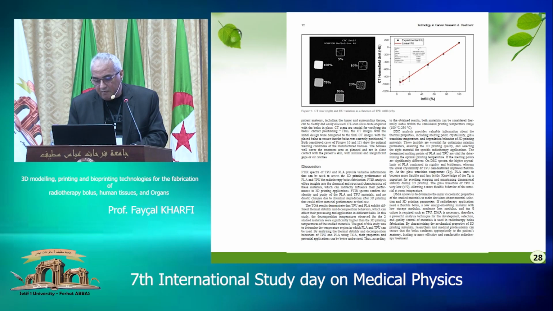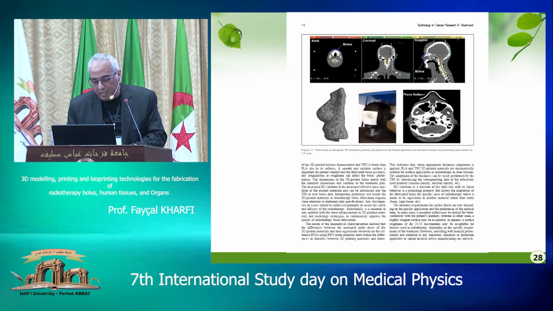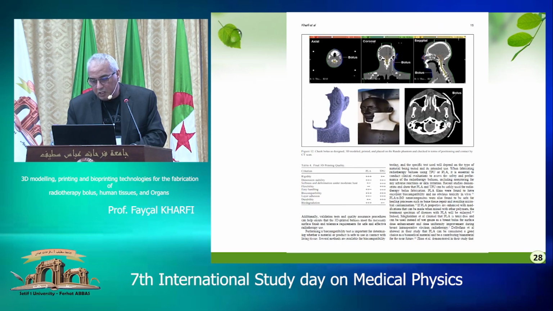We check the surface roughness of the fabricated bolus. We check also the positioning of different kinds of bolus that we fabricate, and all this information is published in this paper.